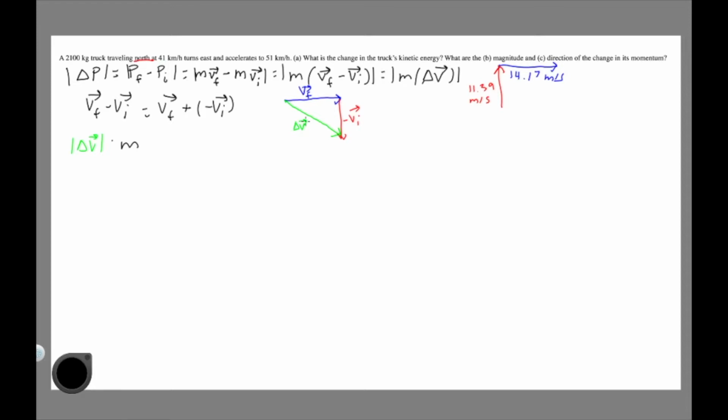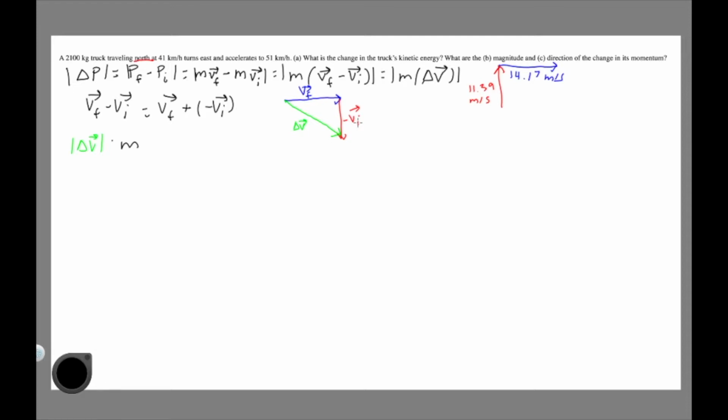So now, let's try and find the magnitude of delta V. If you remember, delta V is going to be the sum of two vectors, VF and negative VI. So we have to add these two up. We can do this by breaking each vector into its individual components and then adding up those components together.